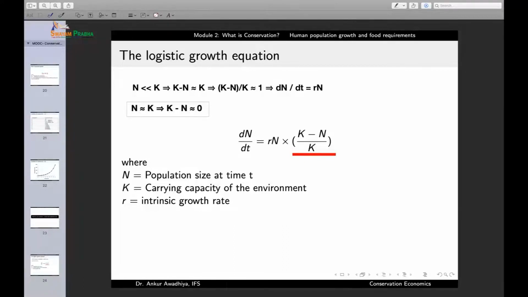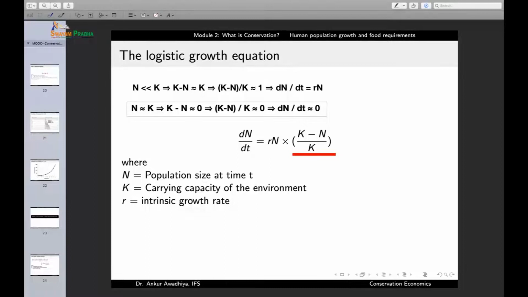So k minus n is very small and we can say that it is tending towards 0, which would mean that (k minus n) divided by k is approximately equal to 0, or it is a very small figure. When that happens, this (k minus n) by k is roughly equal to 0. So dn by dt is approximately equal to 0.